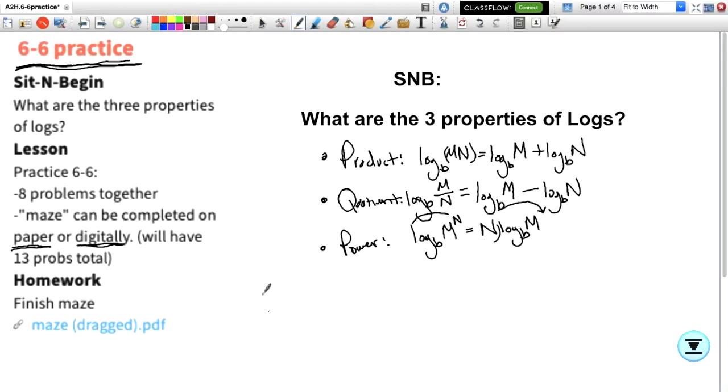Now, there is something else we are going to see today that I want to talk quickly about. We'll spend more time really focusing in on it on Thursday, and that is what we call the common log. I mentioned it very briefly last time that we looked at the video. The common log is just represented by the word log. If you look on a calculator, often you'll see a log button.